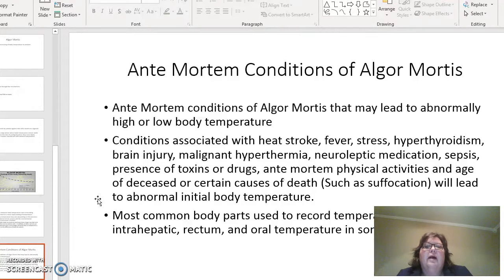So remember, livor mortis could be described as accumulation of blood or the pooling of blood at the lower part of the body due to gravity. And then algor mortis is the decrease in body temperature to ambient temperature.